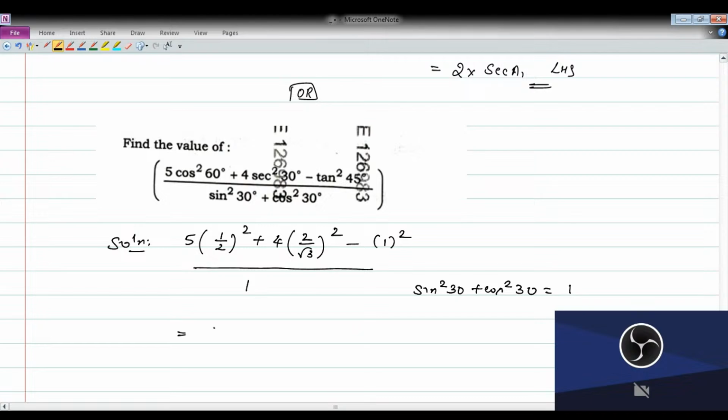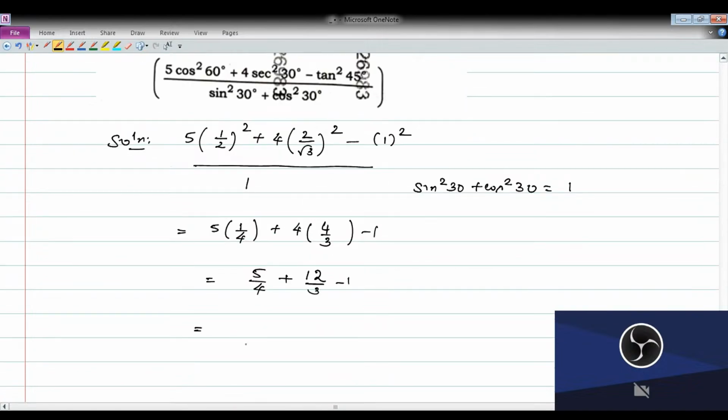So this will become 5 into 1 by 4 plus 4 into 4 by 3 minus 1. So this is equal to 5 by 4 plus 12 by 3 minus 1. We all know 12 is the LCM here.